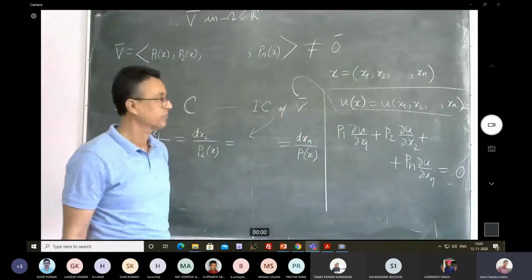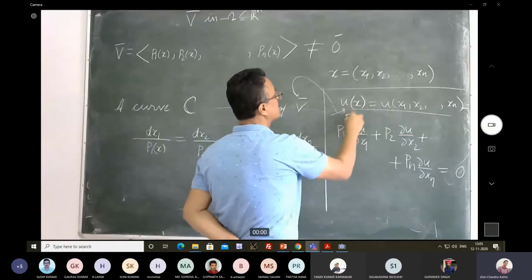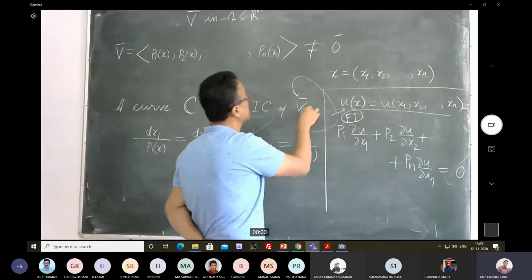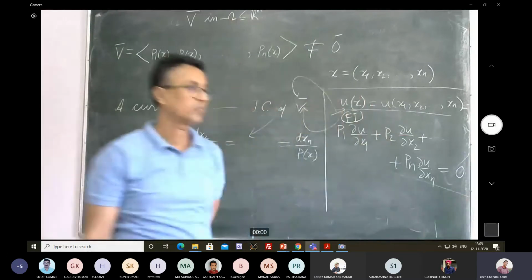Is it okay? Fine. So u is going to be a first integral for the vector field V in omega if this is satisfied.